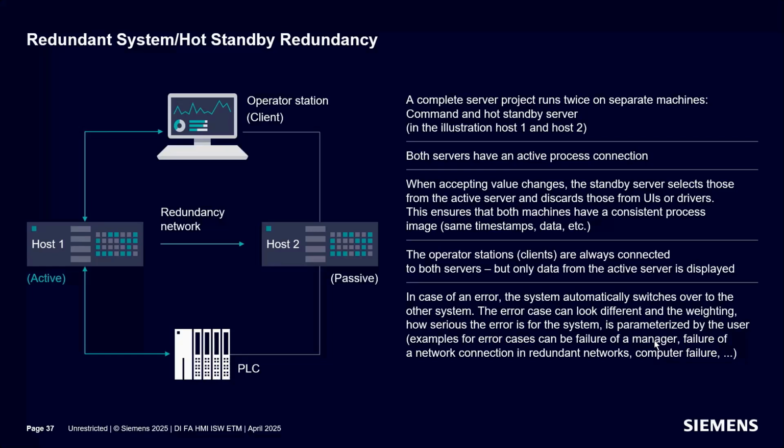But that's the important thing: typically both servers request the information from the PLCs, from your field, at the same time. Only the passive one is discarding it. Why is this? To have data integrity, so that we can be sure that we use the very same data, which traveled only one path with all the calculations and everything in all cases.